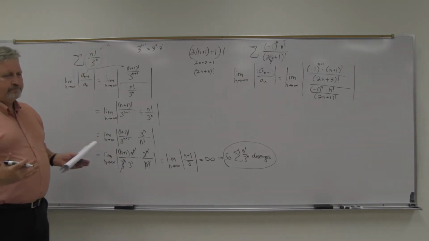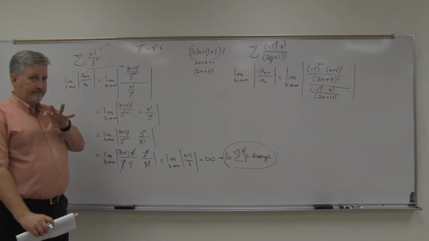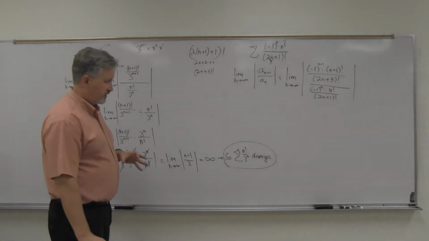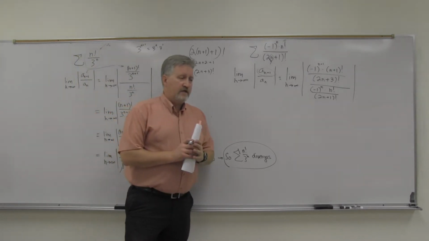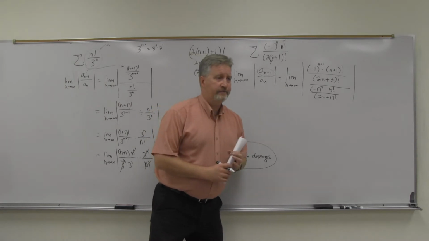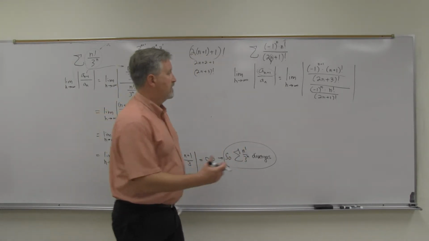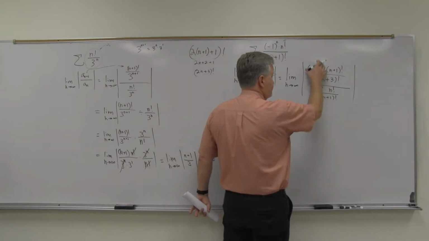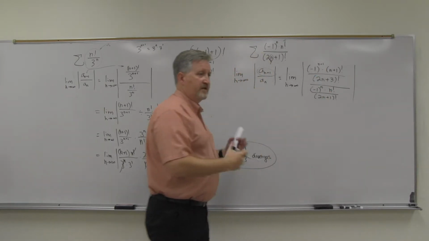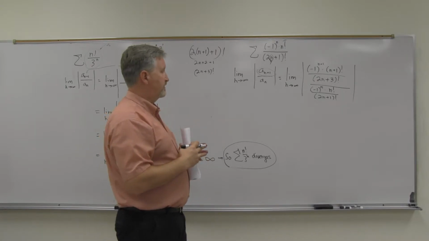Now the next thing, it didn't come up at all in our previous discussion, is the absolute value. Just like before, there are going to be negative signs and alternating signs involved.